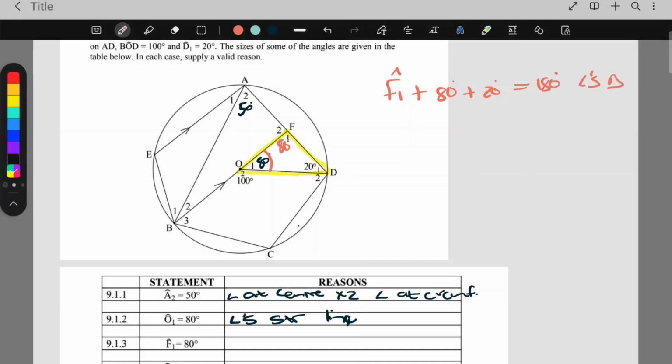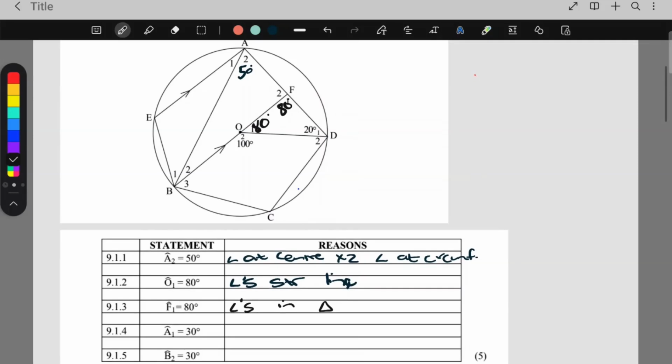F1 is 180 minus 80 minus 20, so F1 is 80. The reason is angles in a triangle. So I'm going to write it in here, and let's write the 80 in here.